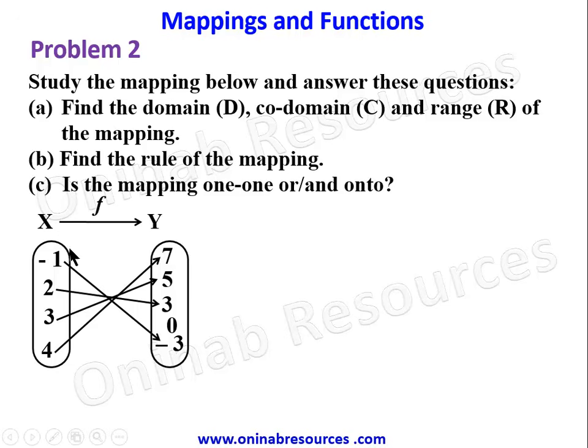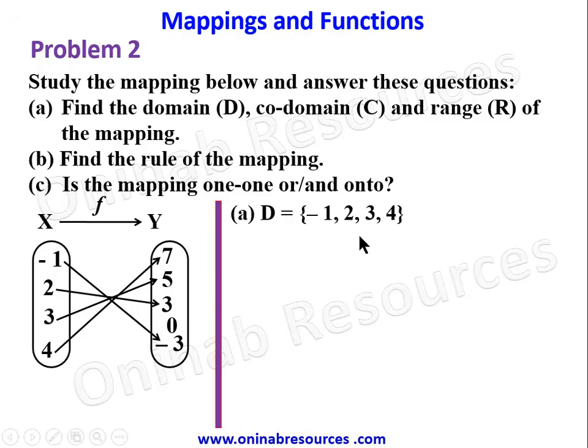In this mapping, X has the elements -1, 2, 3, and 4, and Y has the elements 7, 5, 3, 0, and -3. So we have already established in the beginning from our definition that the domain is all the elements of X. So we have our domain as -1, 2, 3, and 4.